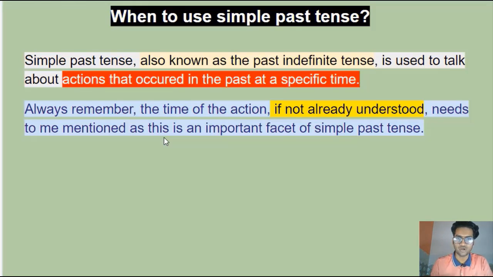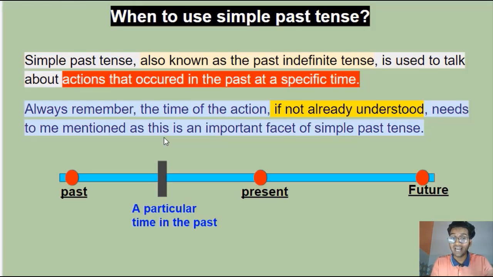Do not mention the time, do not use the past time marker. But if the person does not have any clue about the time of the action, does not know it, in that scenario, you have to mention the time. You gotta do it. Understood?